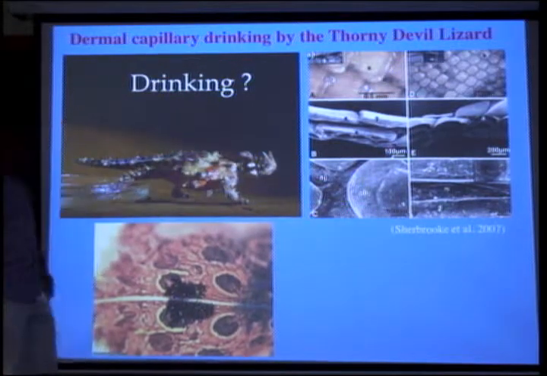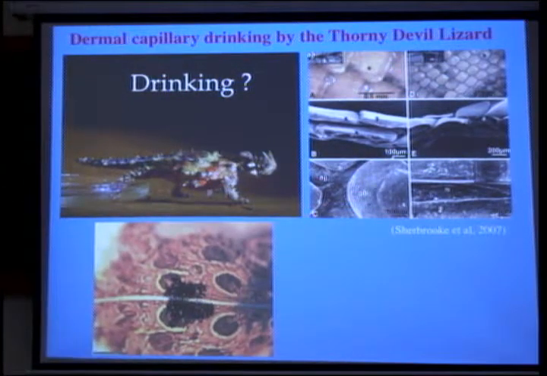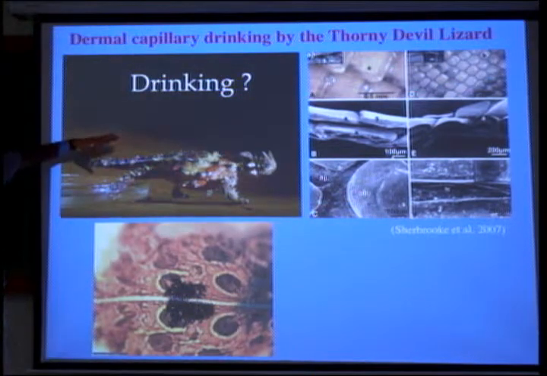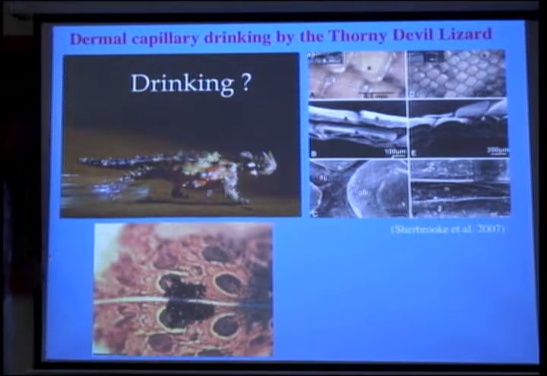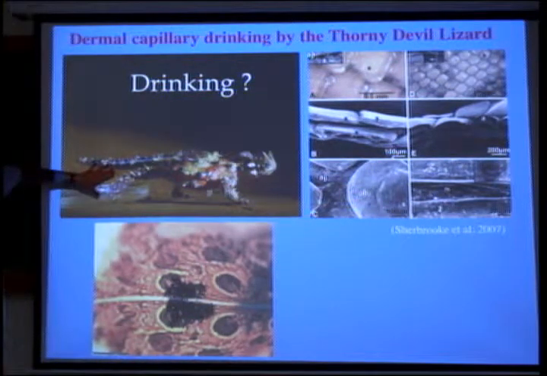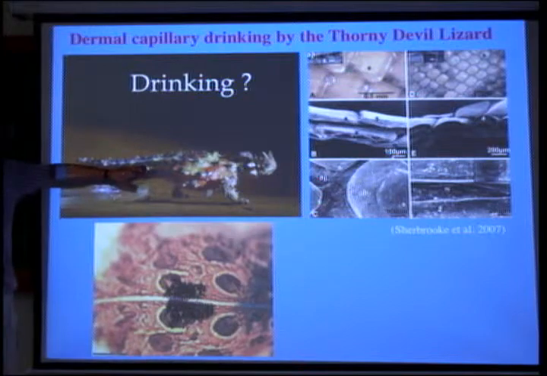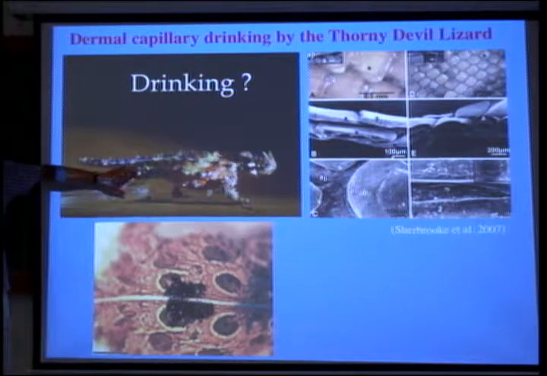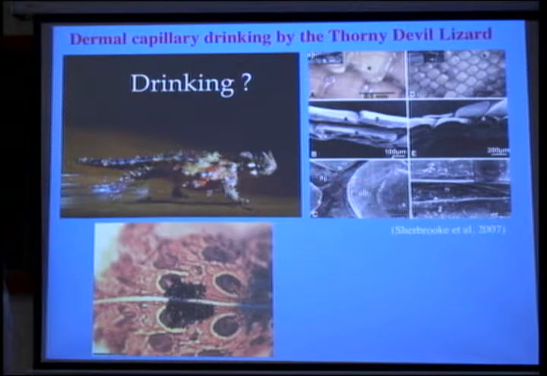This is important because it lives in a place where, for example, it'll often get water drops in the morning on plants, and it'll rub up against the plant, or if there's moist ground, provided the texture of its skin is smaller than the texture of the soil, then the water will wick up spontaneously, right?